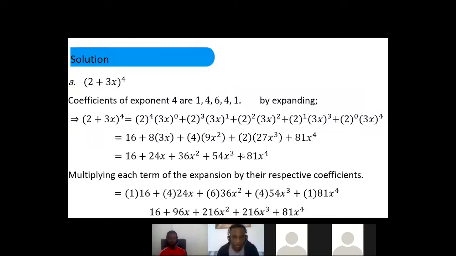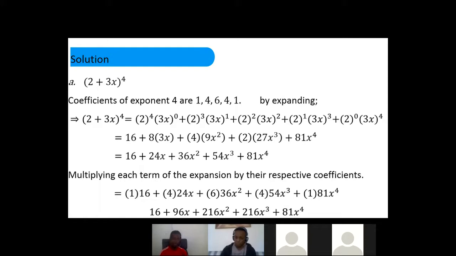So in exponent 4, we have 1, 4, 6, 4, 1. That is the coefficient in exponent 4. The next thing we need to do is first we have to expand.